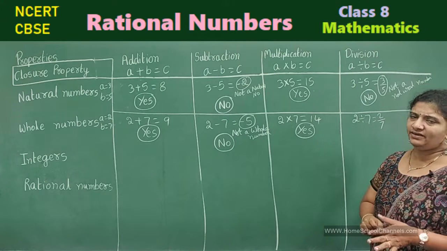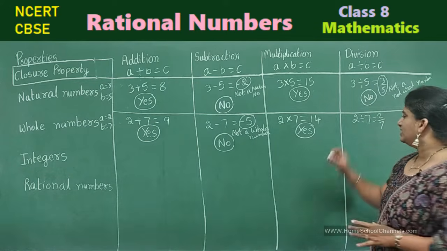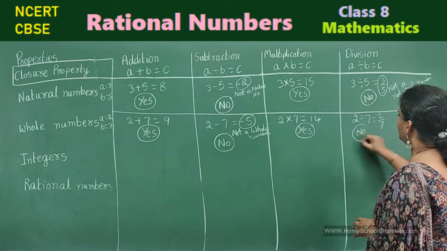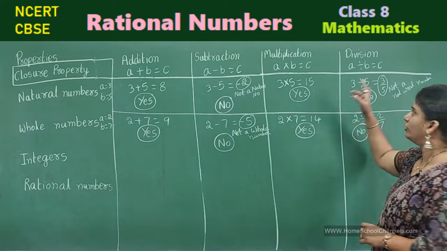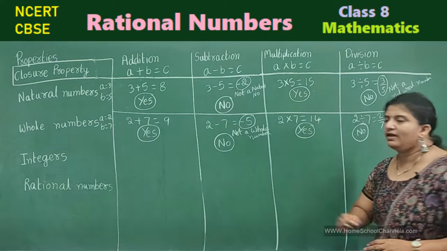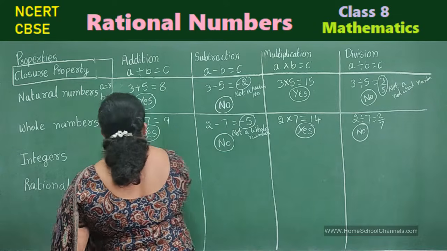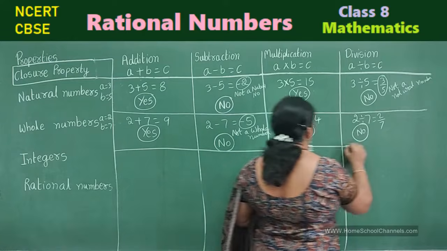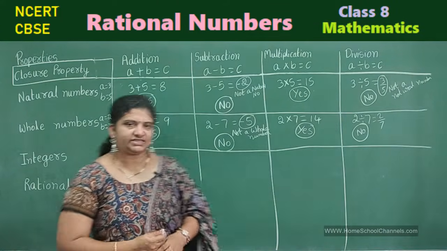Again, it is a fraction. Fraction does not come under whole numbers. Therefore, closure property of whole numbers is not true for division. Closure property of whole numbers is true only for addition and multiplication.